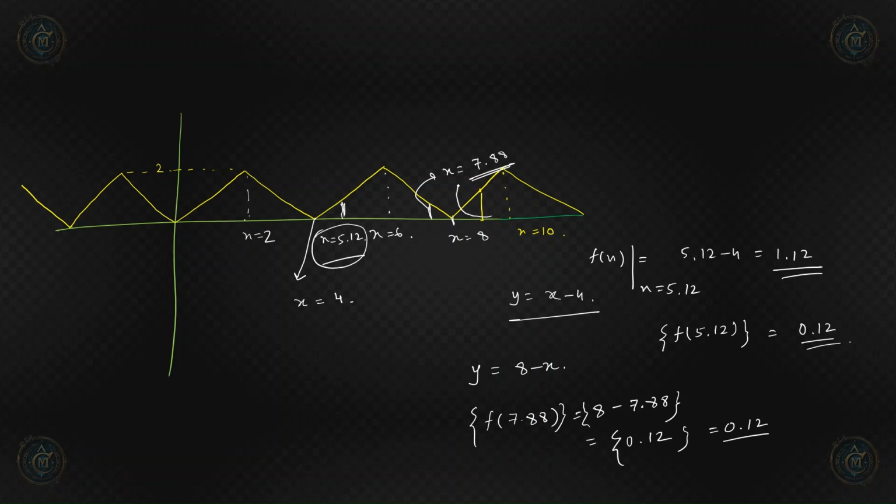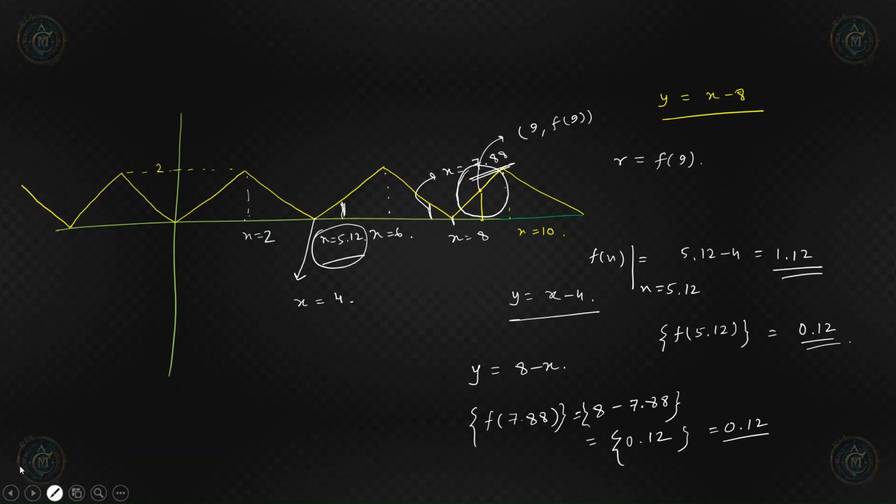Okay, the center of this circle must be (9, f(9)), and the radius will be f(9). Okay, so what will be the equation of this straight line? The equation of this straight line from x equal to 8 to x equal to 10 will be simply y equal to x minus 8, right?